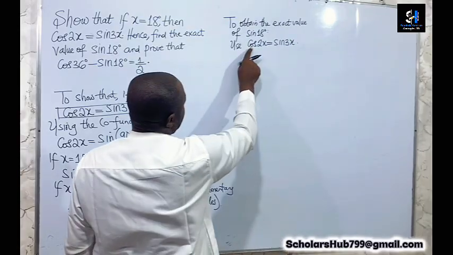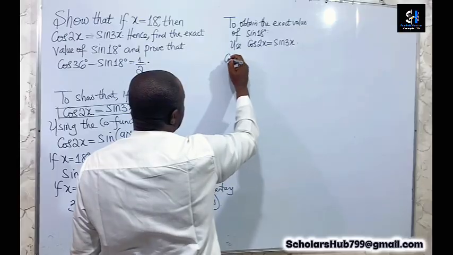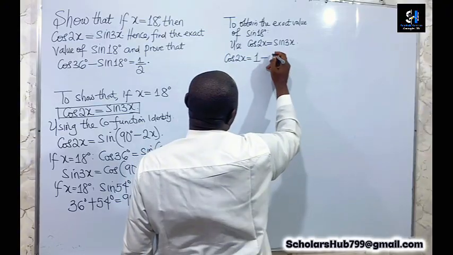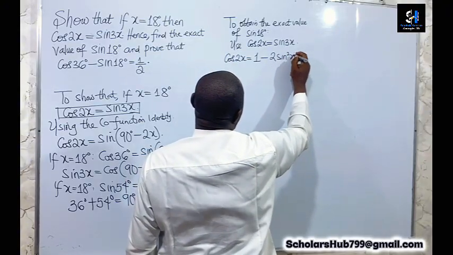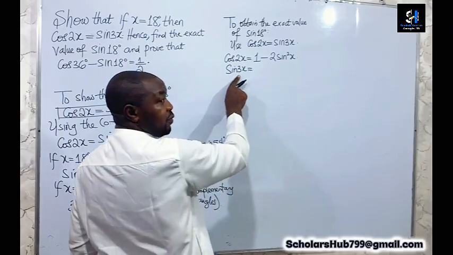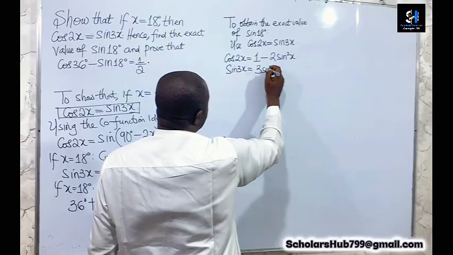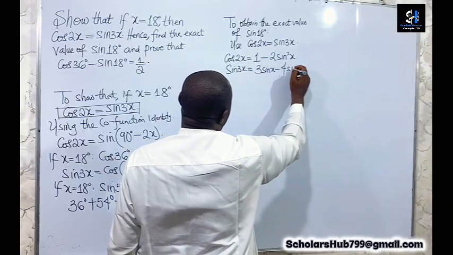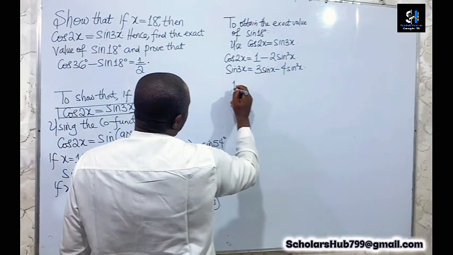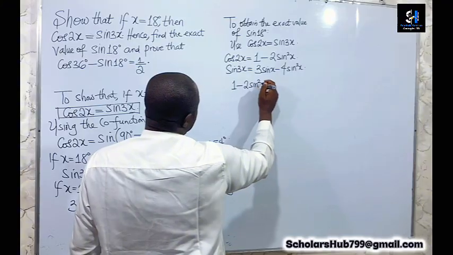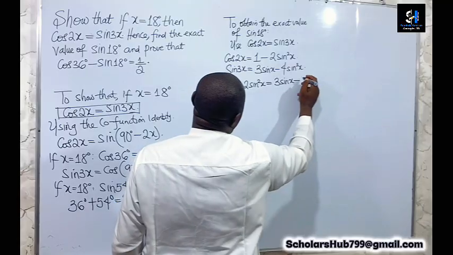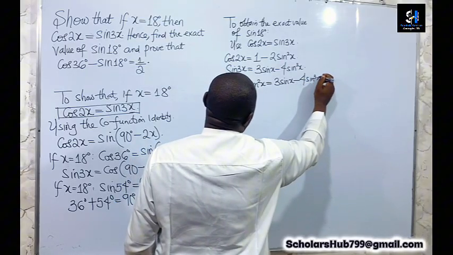So what I'll do first is to write the identity for cos 2x. Now we know that cos 2x in terms of sin x will be 1 minus 2 sin squared x. Then also the identity for sin 3x will be 3 sin x minus 4 sin cubed x. So by equating this, we're going to have 1 minus 2 sin squared x equals 3 sin x minus 4 sin cubed x.